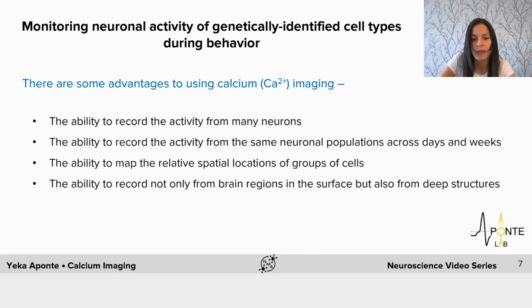For example, the ability to record the activity from a large number of neurons and the same neuronal populations across days and weeks, the ability to map the relative spatial locations of groups of cells, and the ability to record not only from brain regions at the surface, but also from deep brain structures.